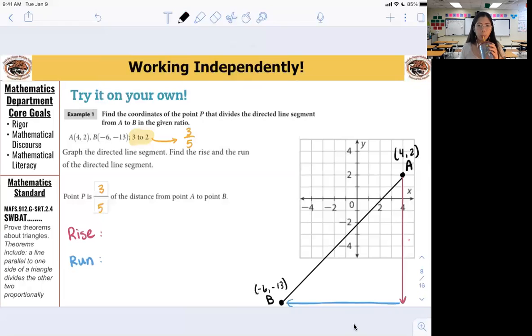What is my run? Negative 11. I think you went the wrong way, Perla.